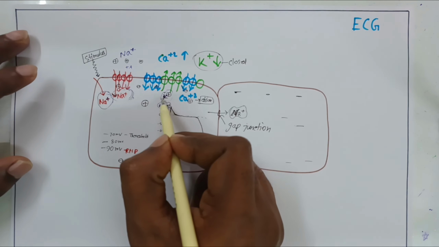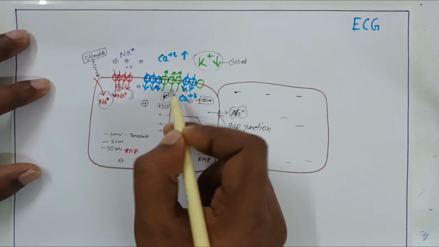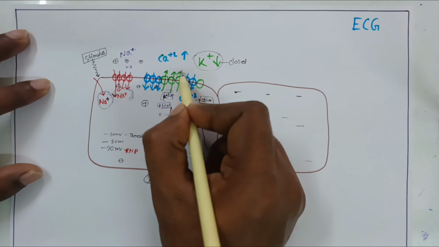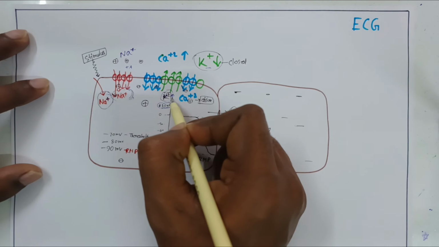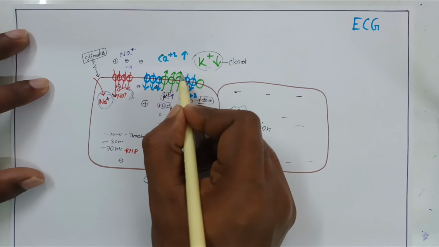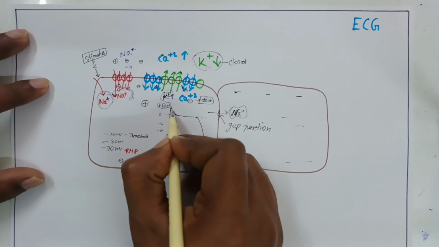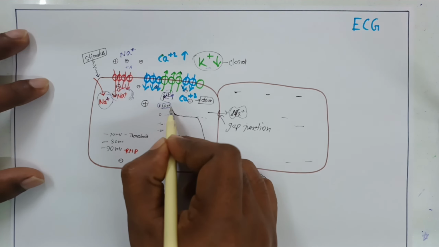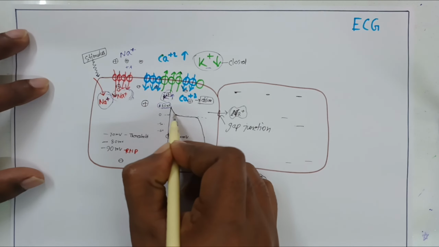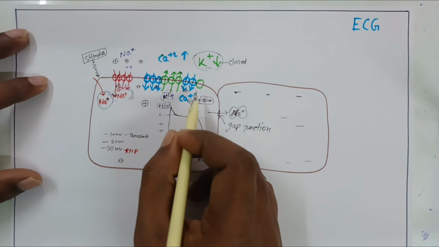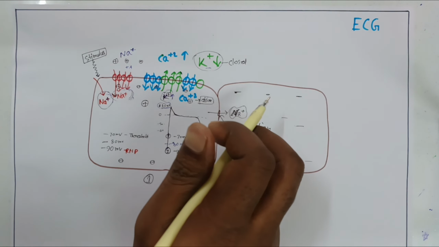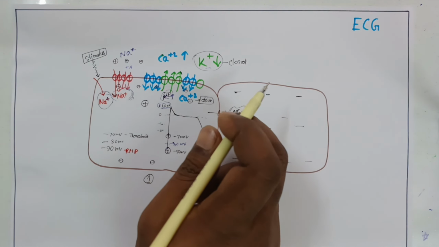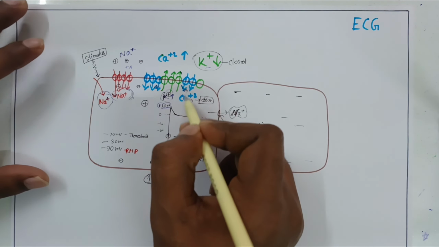As I have told you, the intracellular concentration of potassium is more and extracellular concentration of potassium is less. So intracellular potassium effluxes, and due to this efflux the membrane potential is decreased further. When it reaches 0, the calcium channels are also open. Extracellular concentration of calcium is more, so lots of calcium gets in.